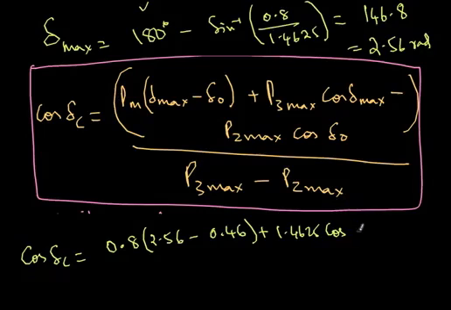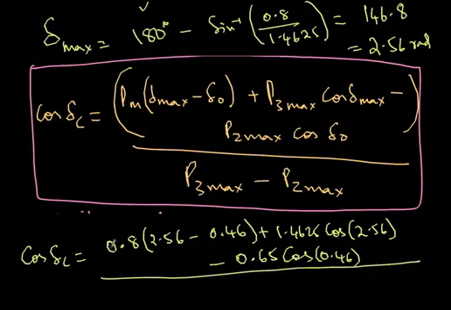So cos of this 2.56 radians, minus, so this minus is there, P2 max is 0.65. This is the maximum power during the fault, and then cos of delta naught, so 0.46. And this whole thing divided by P3 max is 1.4625 minus P2 max is 0.65.